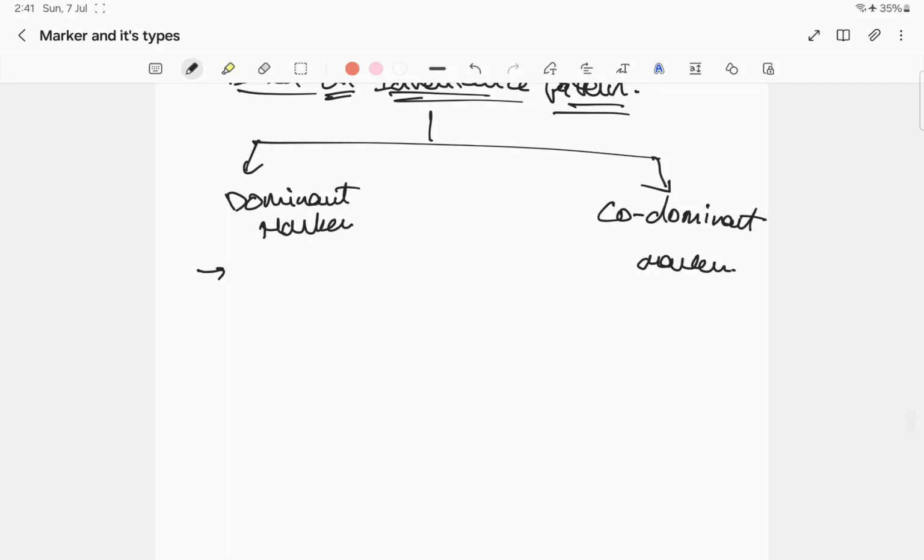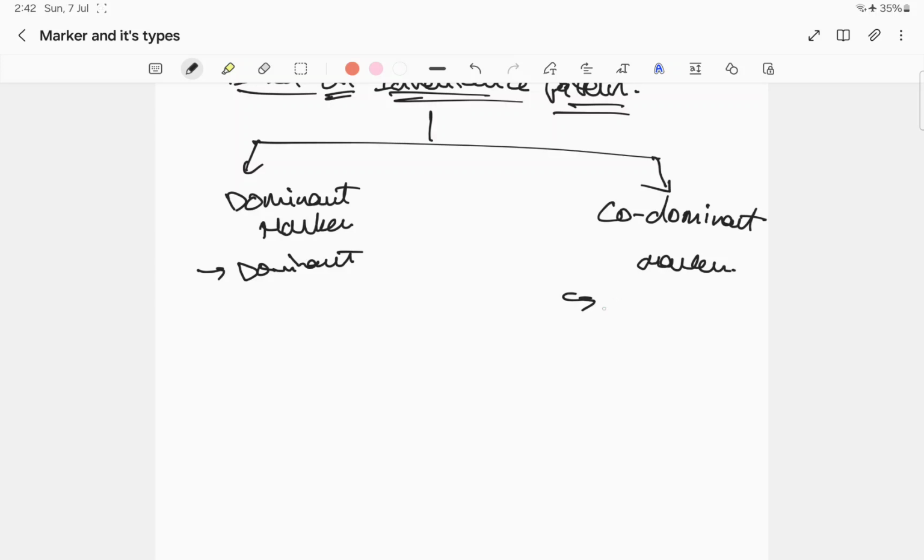If only one form of the trait is associated with the marker, then it is said to be the dominant marker. If both forms of the trait are associated with the marker, then it is said to be the codominant marker, right? It is like whichever character is dominant, it will show that only.